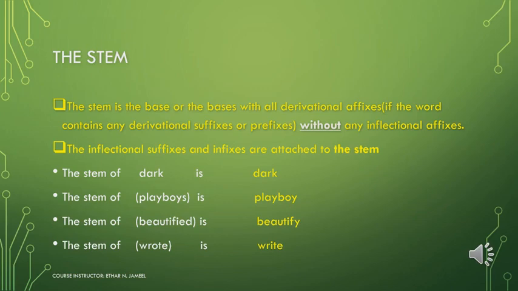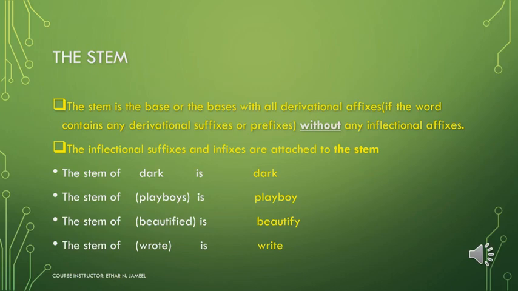In the word beautified, we have three morphemes: beauty, fi, and ed. Beauty is a free morpheme. Fi and ed are bound morphemes. Beauty is the base in this word, and it is a free base. Fi and ed are affixes. Now let's consider the type of these affixes. Fi is derivational because it is not one of the 9 inflectional affixes.